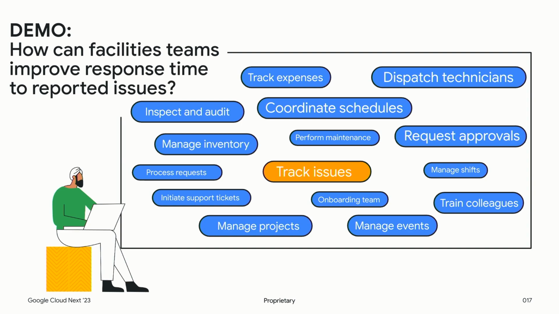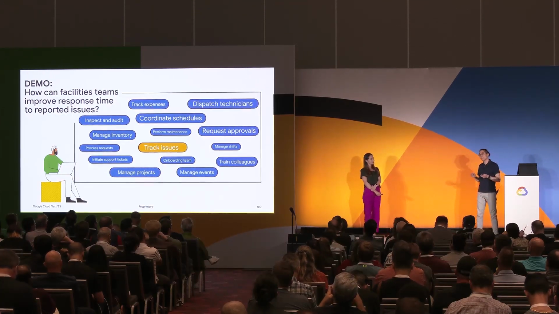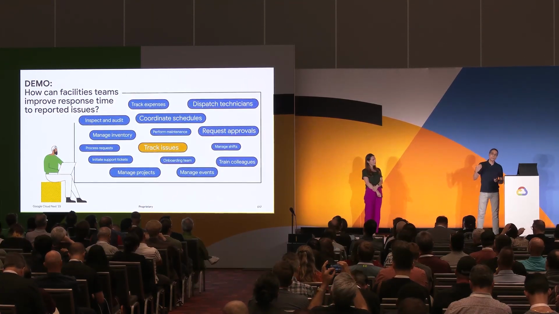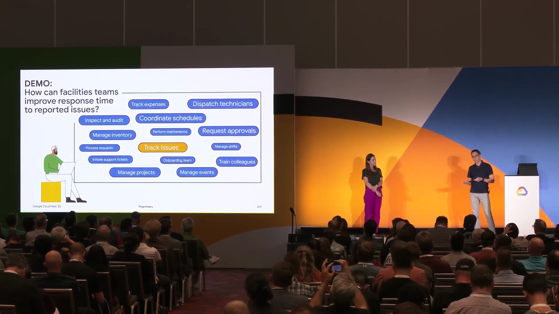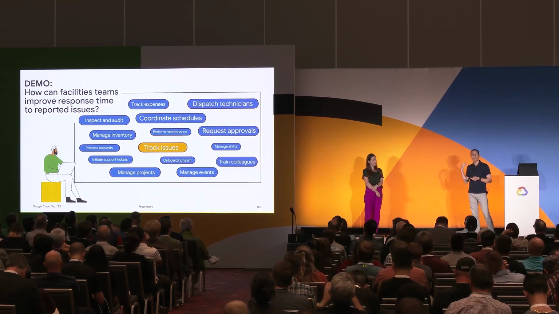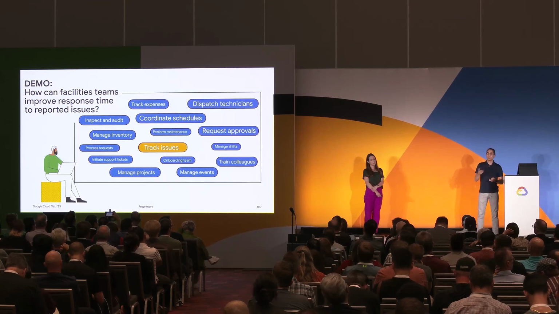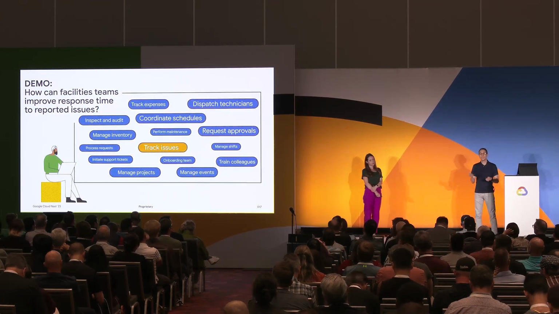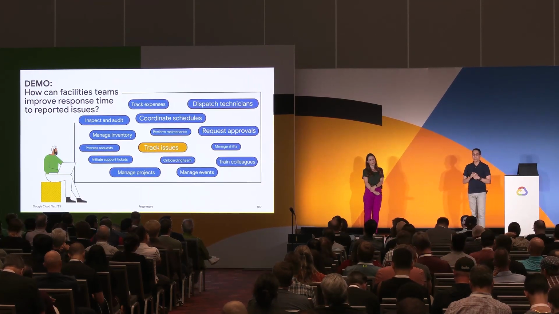Arthur? Thank you, Rachel. So let's take the example of Mary and her team, who are managing a corporate office building. The team is responsible for operations, maintenance, cleaning, even security and energy management. One of the processes that her team wants to improve is managing the maintenance requests.